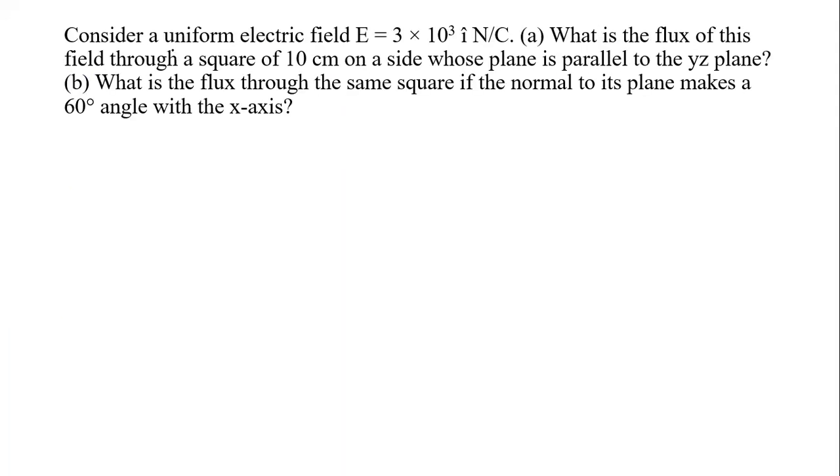Okay. Consider a uniform electric field. Again, uniform electric field is given along x-axis. They given i cap. What is the flux of this field through the square of 10 centimeter on side whose plane is parallel to the YZ plane? So now if I take a part, it is there what we call x-axis, y-axis, and this is what we call z-axis.